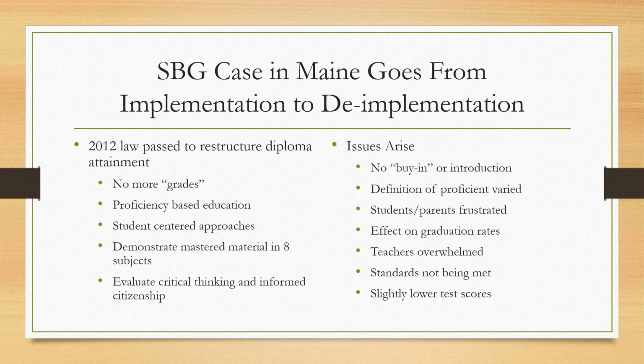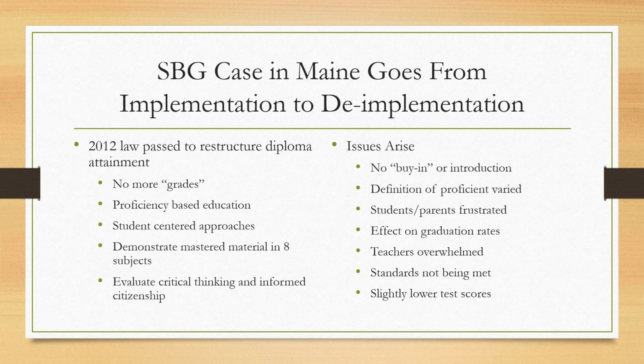I looked at a standards-based grading case in Maine, where they implemented and then quickly de-implemented. Within 6 years, they went from, yes, we're going to do this, and changing how students were going to get their diplomas, to all these different issues arriving, as you can see on the screen, and it just was not going to work for them. One of their issues was that they had come in too fast.